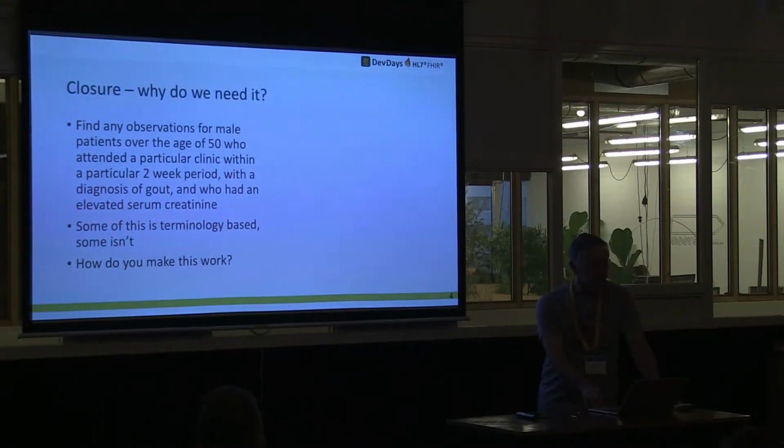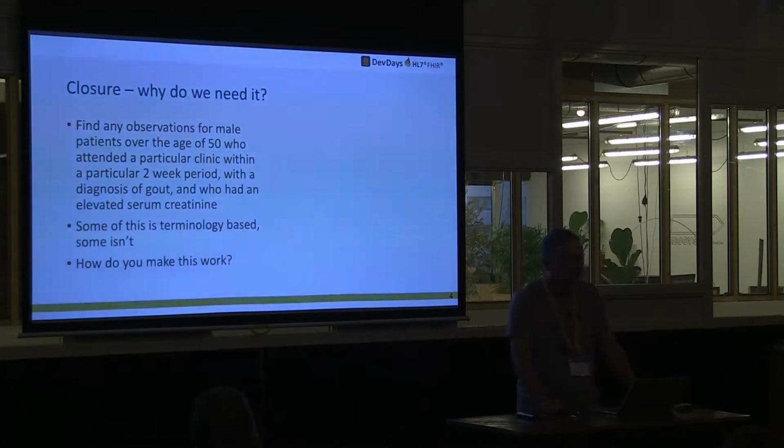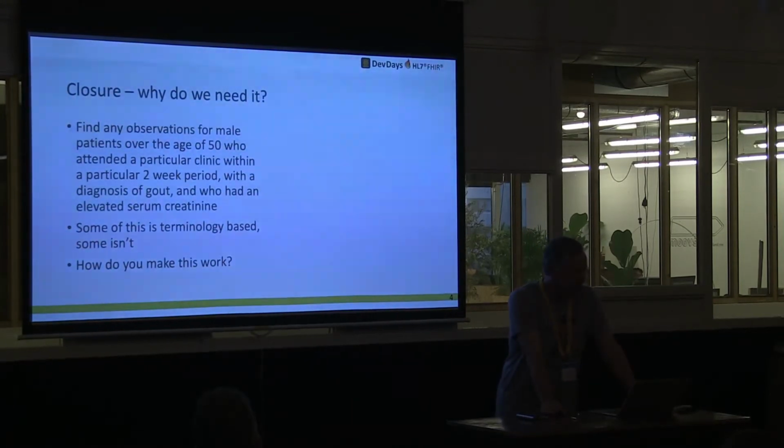Some of that query would be based in terminology, and Peter and Jim have talked about similar kinds of searches, but some of it isn't terminology based, and the question is how you make this all work together.